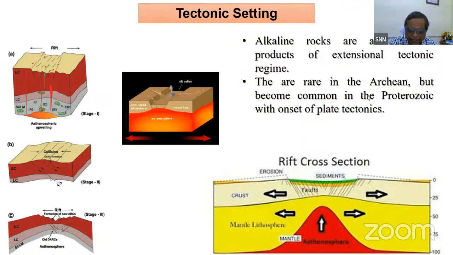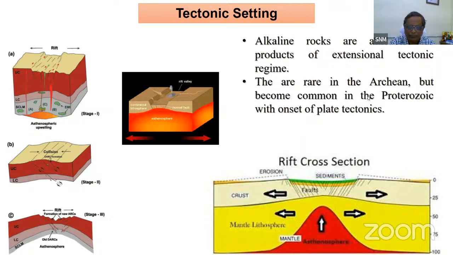The mantle must be metasomatized and enriched, and partial melting of enriched metasomatized mantle will definitely lead to their formation.